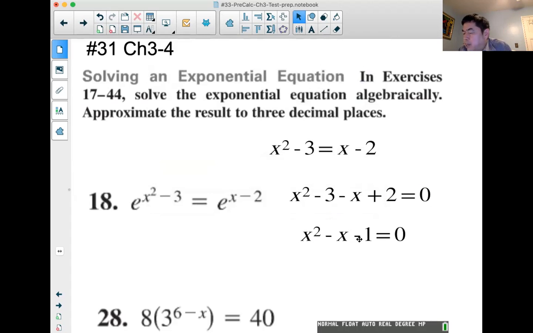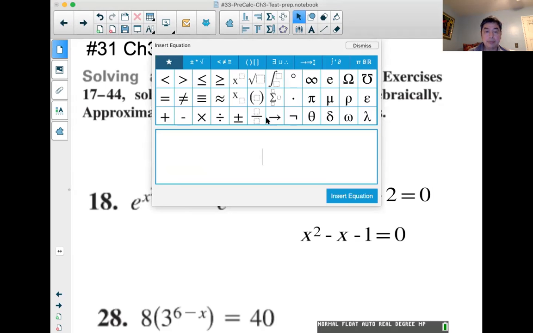It's going to be negative b... so negative 1 plus minus square root of negative 1 squared minus 4 times 1 times negative 1, divided by 2 times 1. That's the quadratic equation. Let me write it down: ABCs.